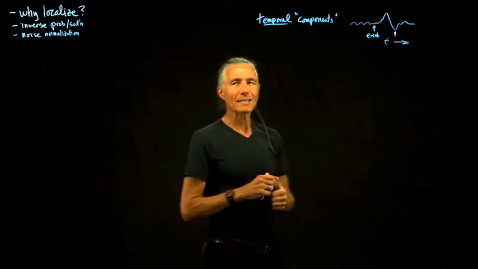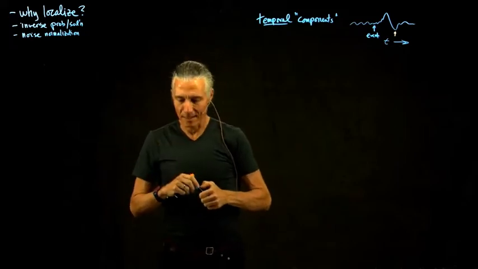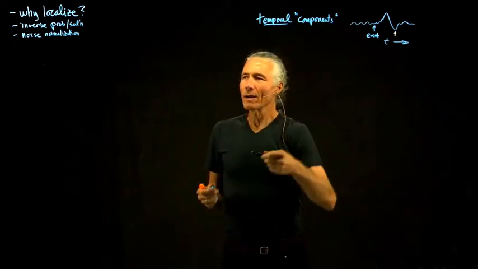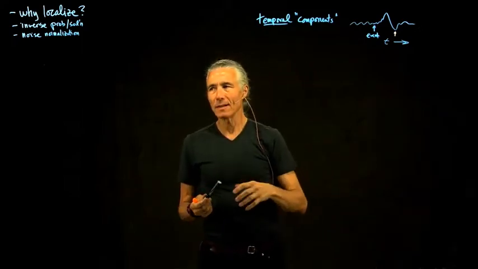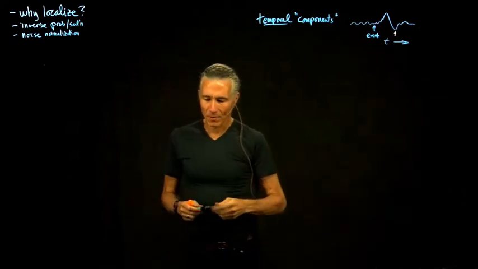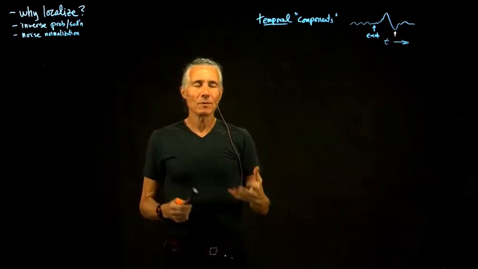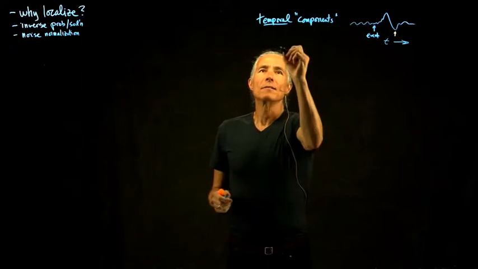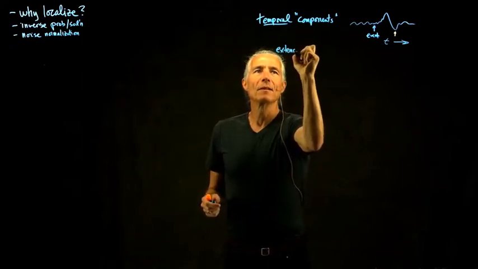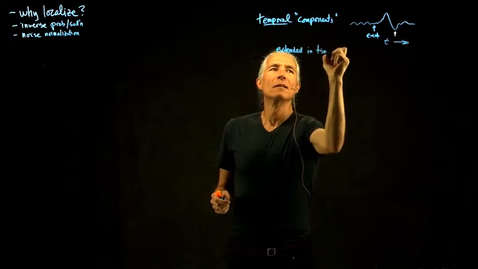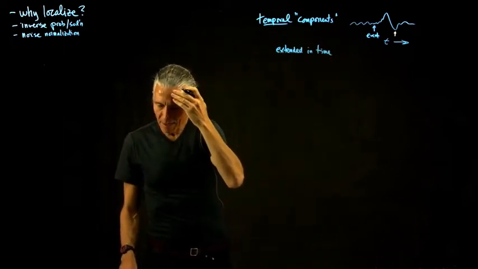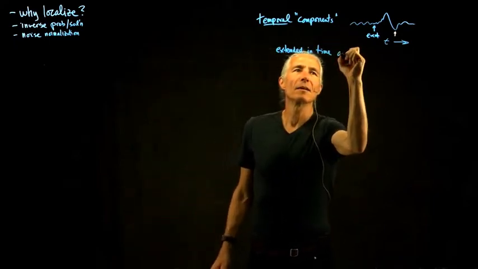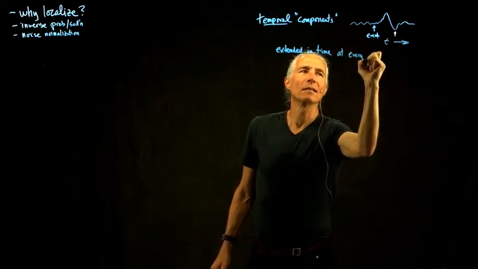And why is that? And why do we want to actually localize instead? The crucial thing that we already know, when we were talking about current source density and what the actual response out of a cortical area looks like when you record right in the cortical area, is, first, it's extended in time at every cortical location.